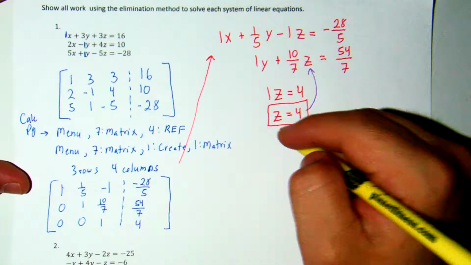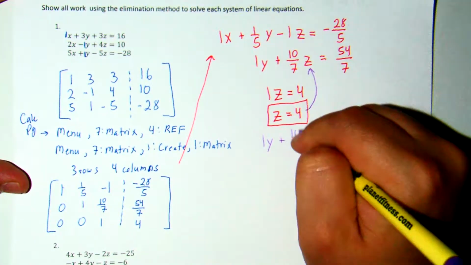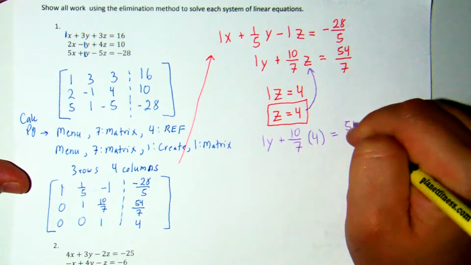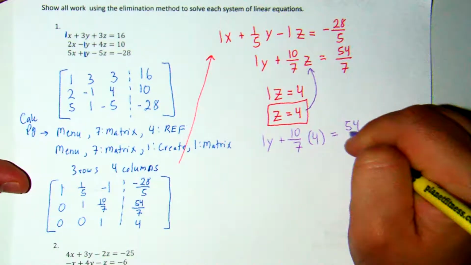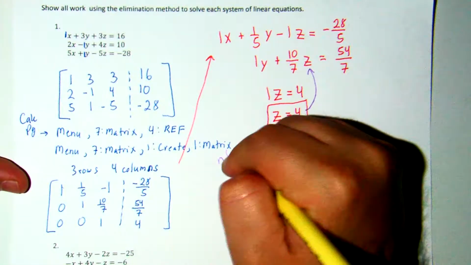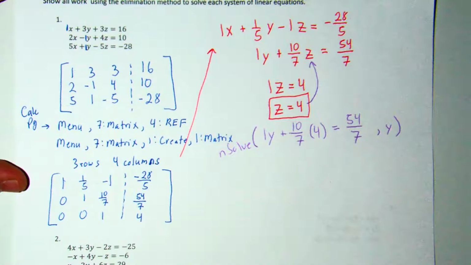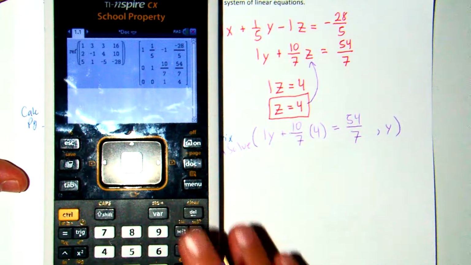So I get 1y plus 10 over 7 times 4 equals 54 over 7. Now, don't forget, I talked to you guys about using nsolve. So we're going to nsolve this, comma y. Menu 3, 1.